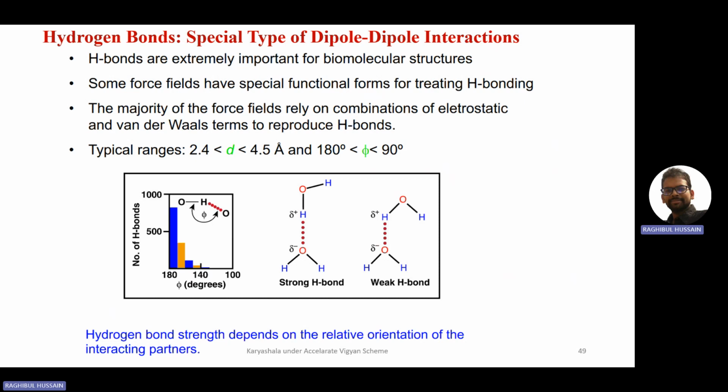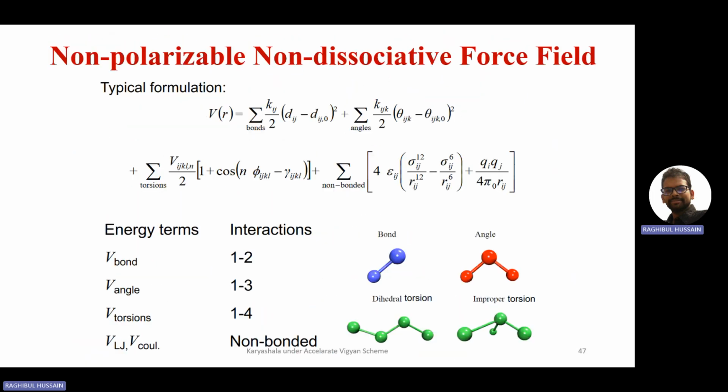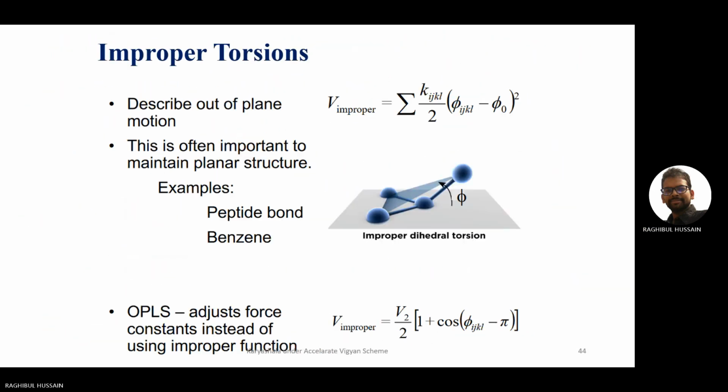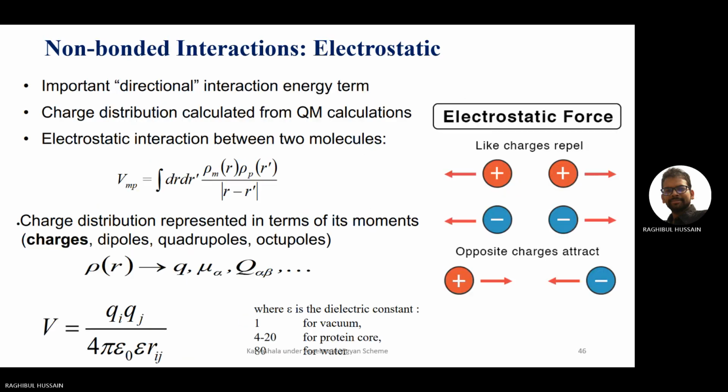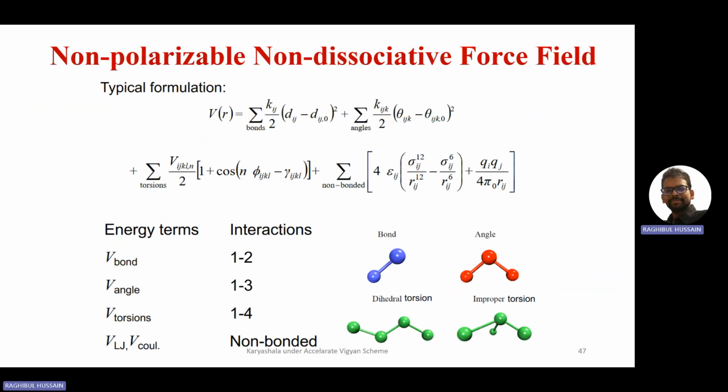So generally, we take the force field formulation in this form. We do not mention the hydrogen bond separately, but we calculate the hydrogen bond and its strength in post processing, that means after running the simulation.